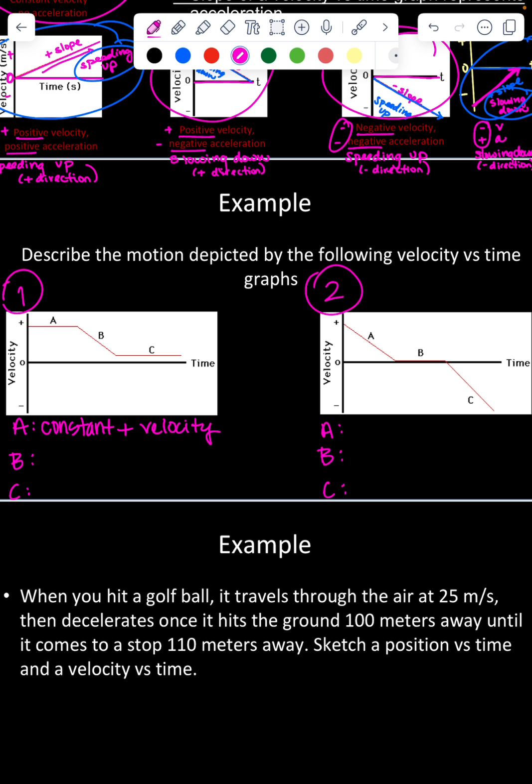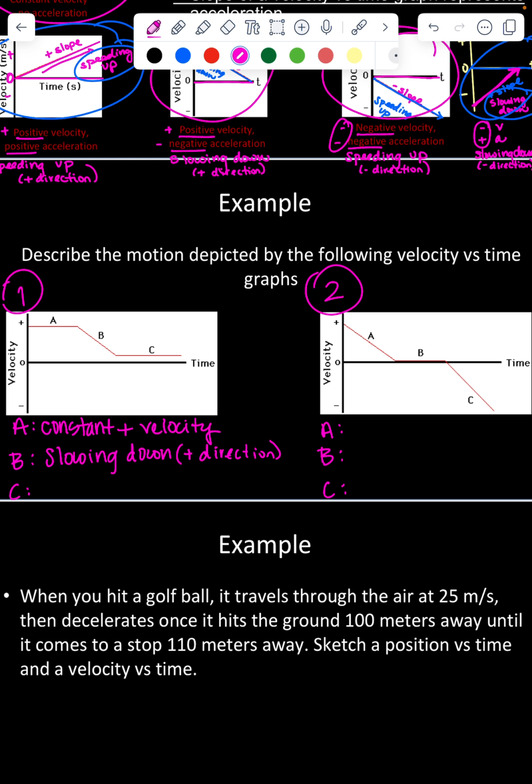We see that it's trending towards our 0 meters per second. So that means that it is slowing down. Now, it is not changing direction because it's still above that 0. So we're slowing down in the positive direction.